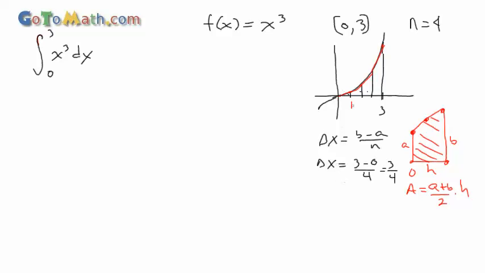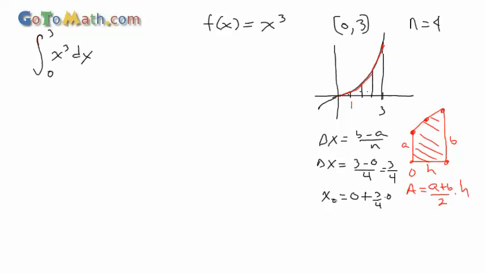Now the question is, how far over do I need to go to get to this point here? Well, what we're going to be using for that is x of, for example, 0 is equal to 0. That's where we're starting. We're starting at 0, plus delta x, which is 3/4, and this will be our i, but our i is going to be 0 because we're not going over.